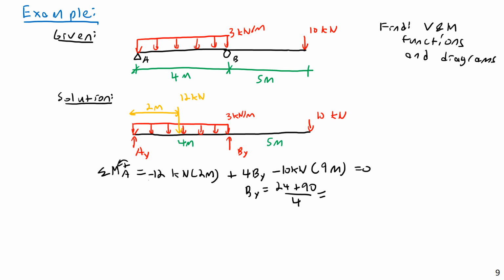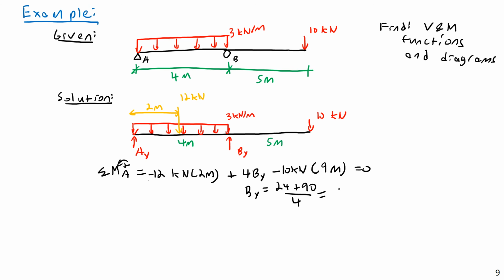Actually, it may come out to something decent. 24 plus 90 divided by 4. Oh, never mind, that's not right. Okay, that's fine. So let's just say BY is 28.5.